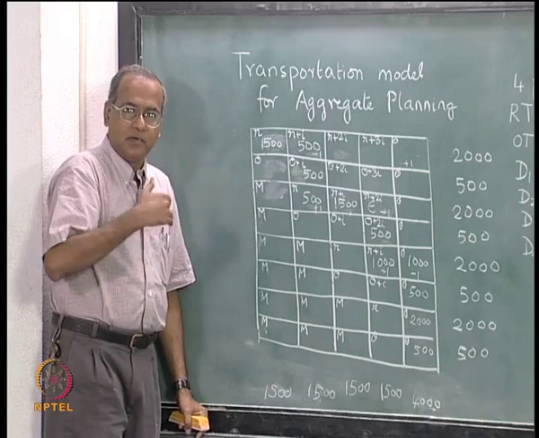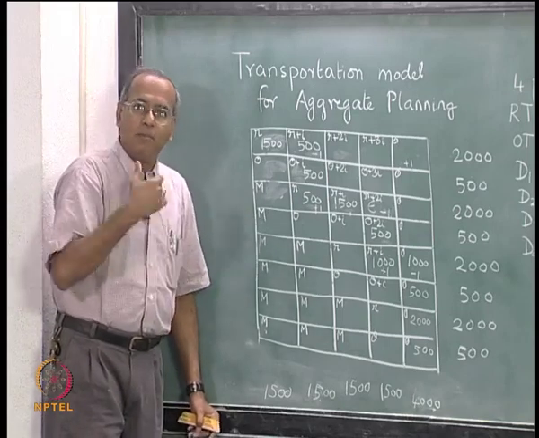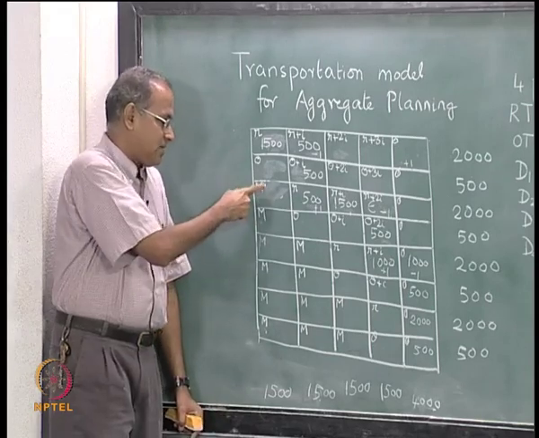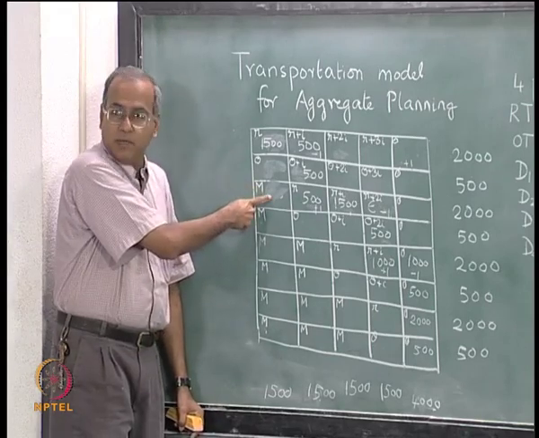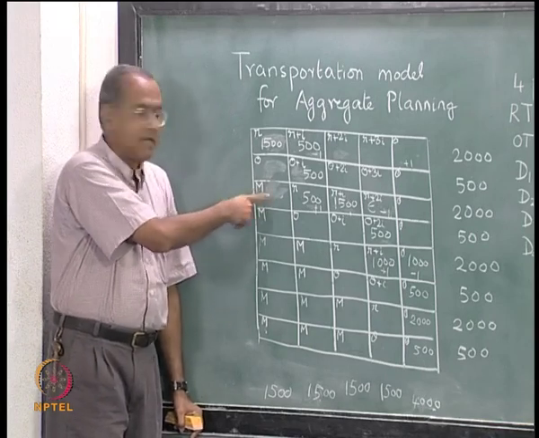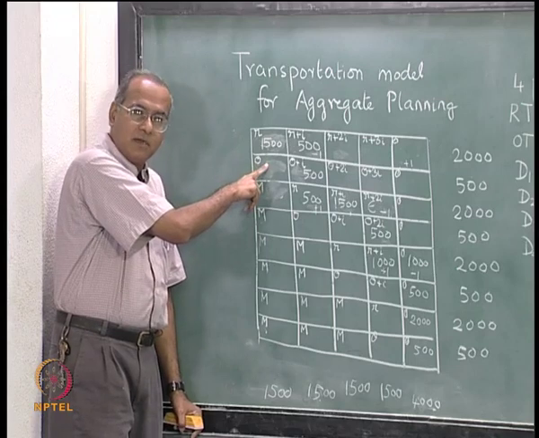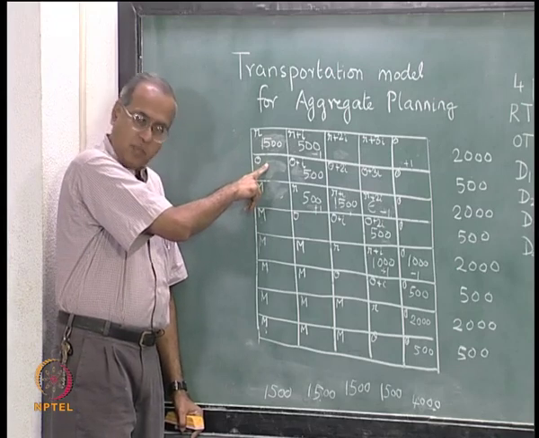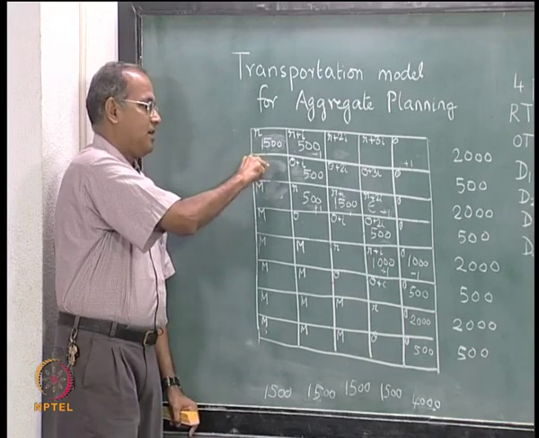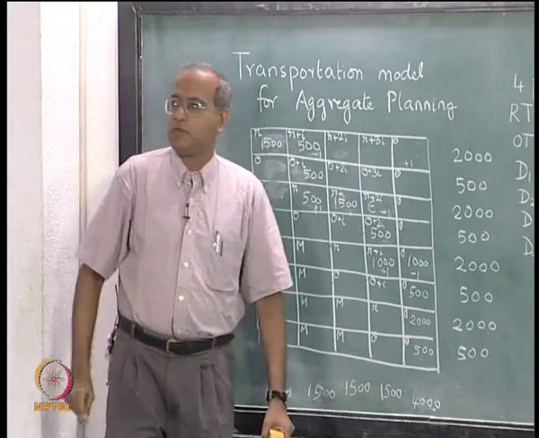Take the non-dummy, non-basic positions. For example, this is a non-basic, non-dummy position, but it is not possible because there is a big M. This is a non-basic, non-dummy position, and it is possible because it has a value of O, but if we put a plus 1 here, then the net is only going to be 0.